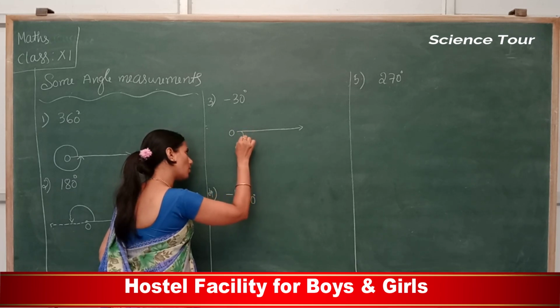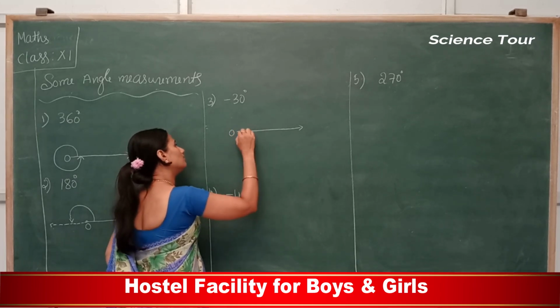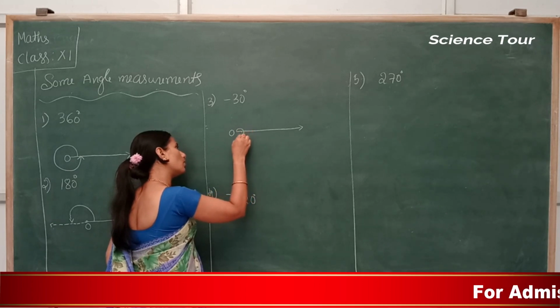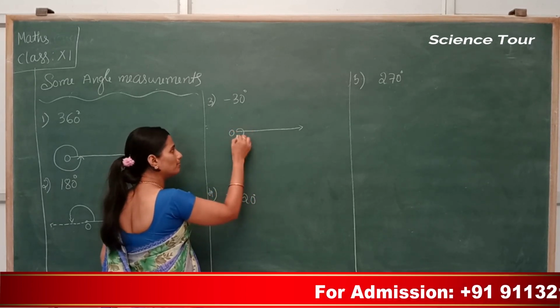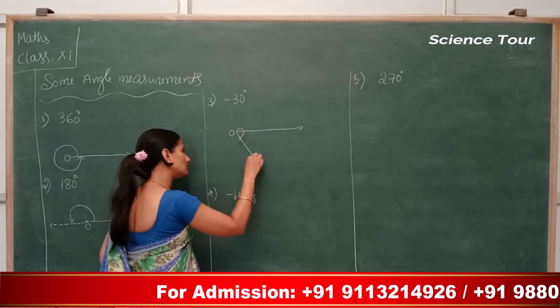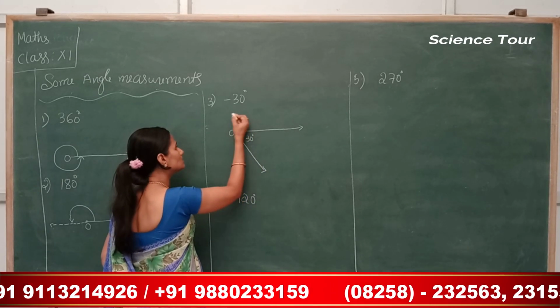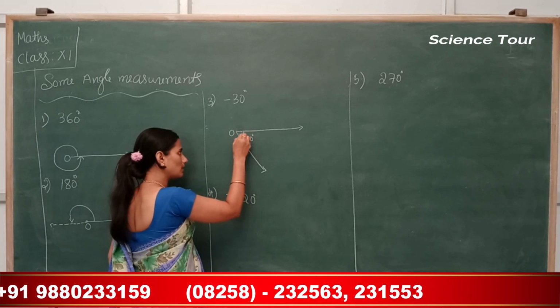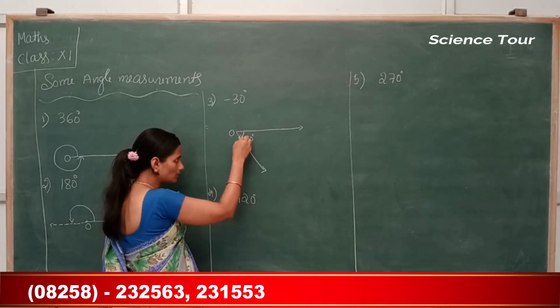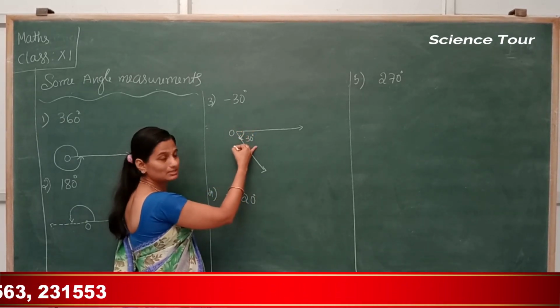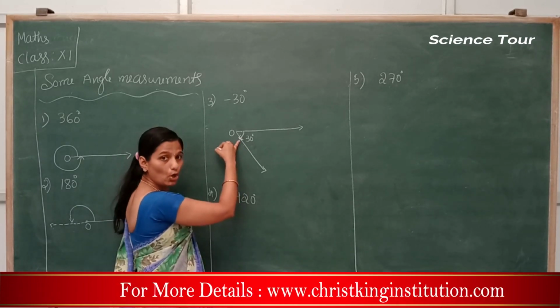So here maybe it is nearly 30 degree. Maybe it is 30 degree means it is negative direction. Clear? This is negative. So your rotation comes like this, nearly 30 degree. So direction is clockwise direction.